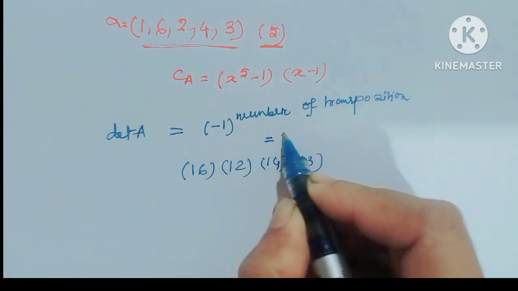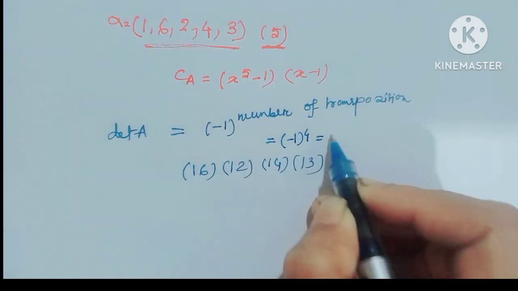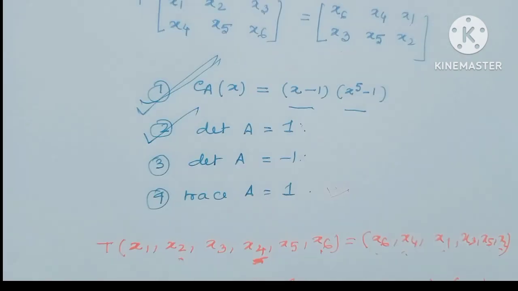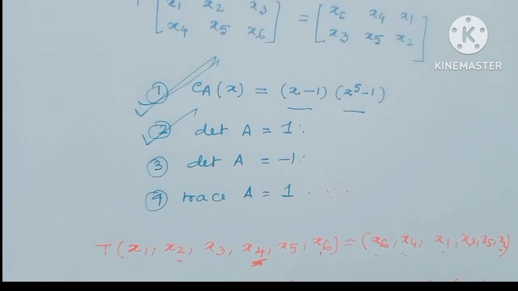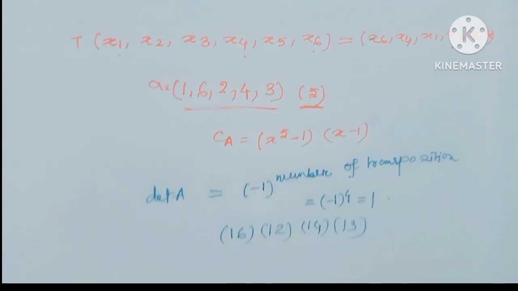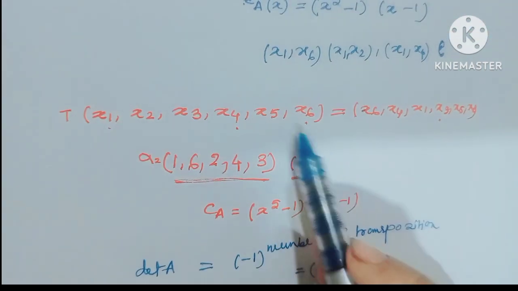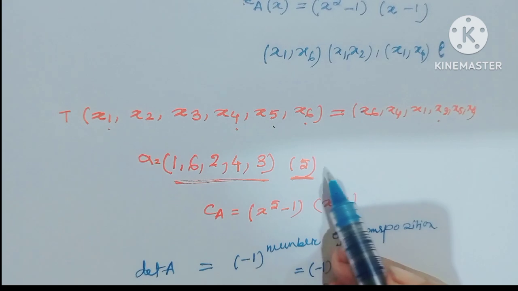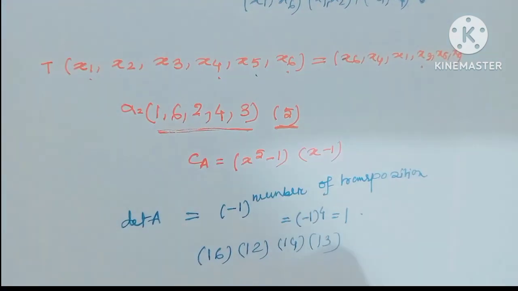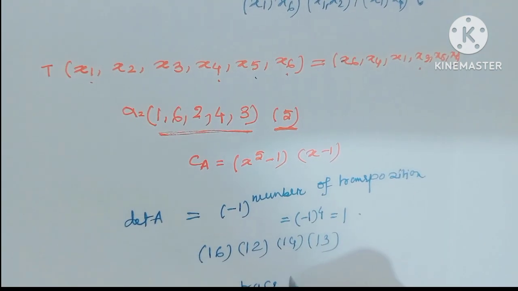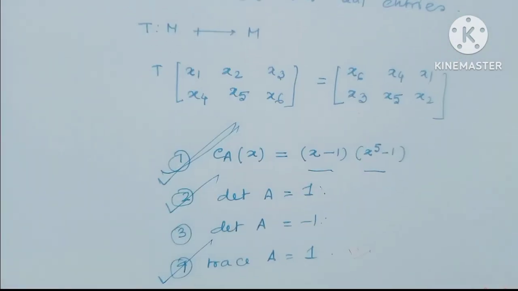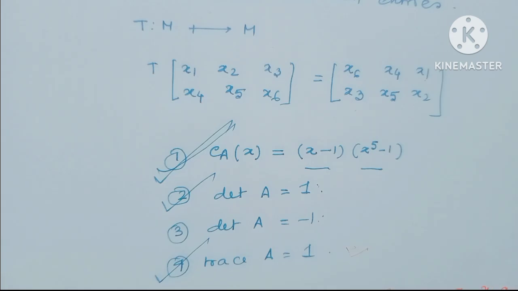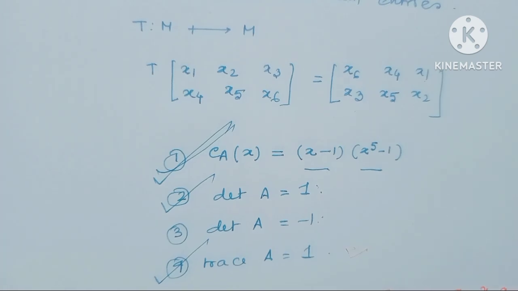So it is minus 1 to the power 4, which is 1. So the determinant is plus 1. And trace means the number of points mapped to themselves, the fixed points. Here only 5 maps to 5, so the trace of the matrix A is 1. So option 4 is also a right option. That means option 1, option 2 and option 4 are right options.